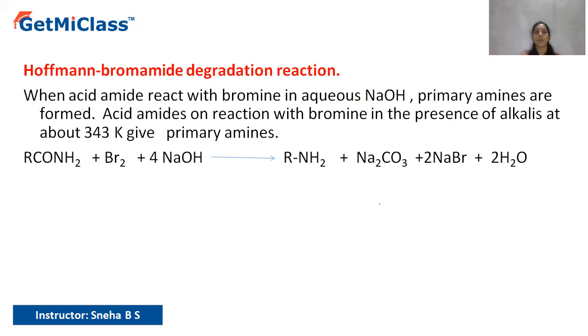In Hoffmann bromamide degradation, this is also a named reaction. If we have an acid amide treating with bromine along with the base sodium hydroxide, you are going to get an amine here. Okay, so RCONH2 treating with bromine along with sodium hydroxide, you are going to get RNH2 along with sodium carbonate, NaBr, and 2H2O.